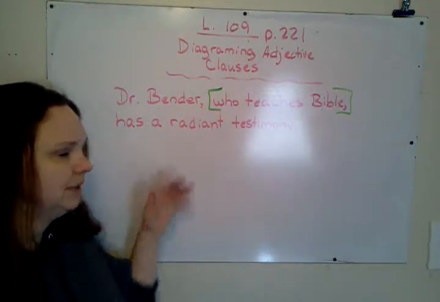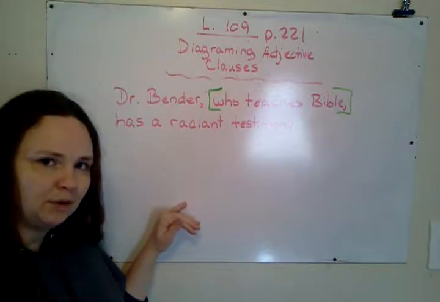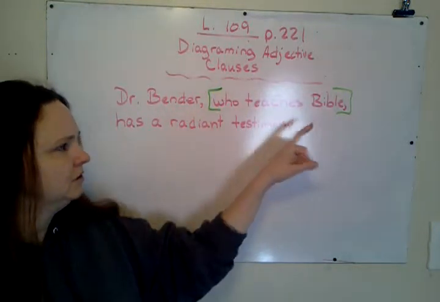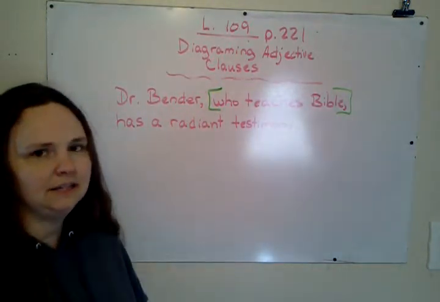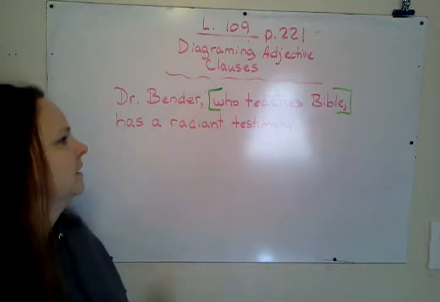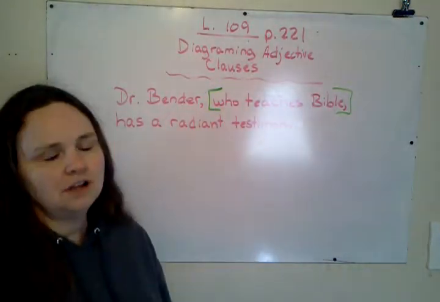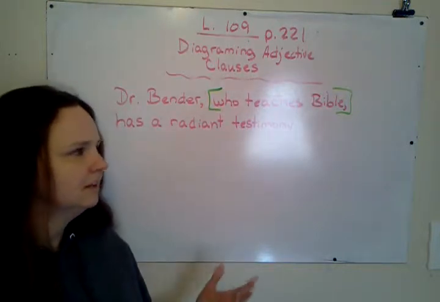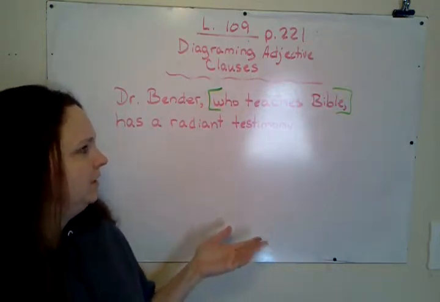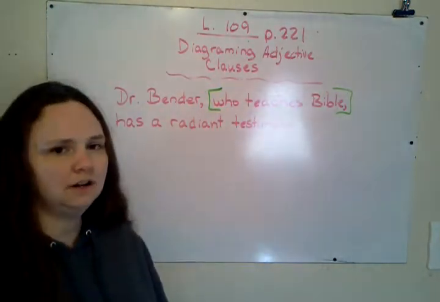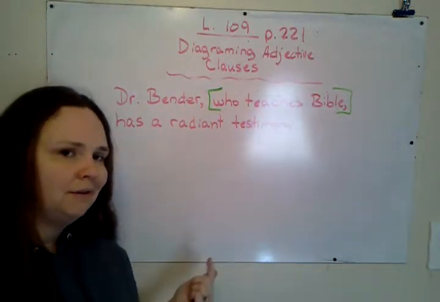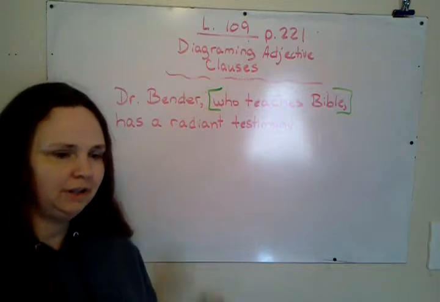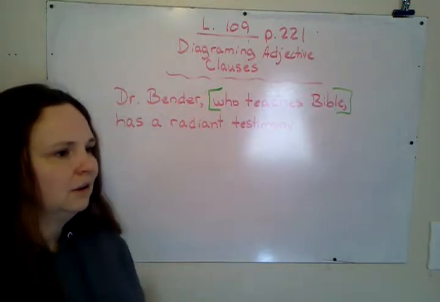So what we're going to end up doing is making a second separate sentence diagram just for the clause and then linking them together with a dashed line. So if this clause is going to go on its own sentence diagram line, then we realize that every word in the clause is a sentence part. Every word in the clause has a job to do in its sentence.